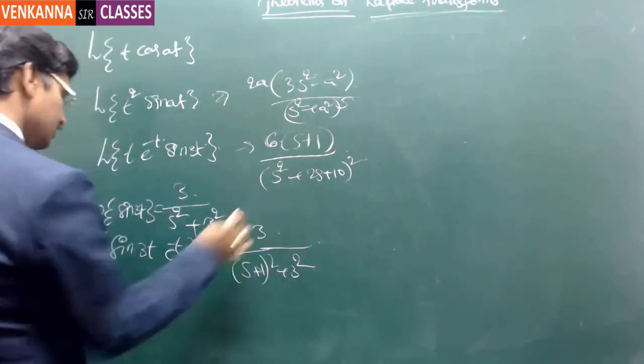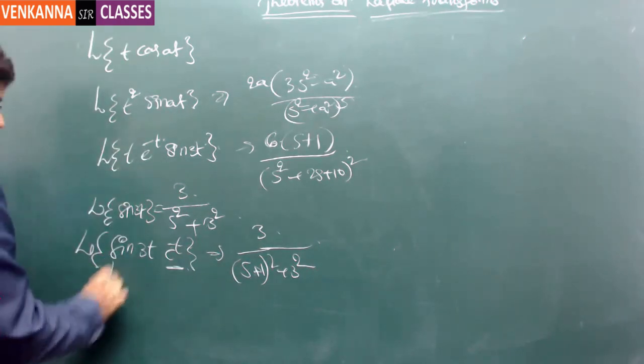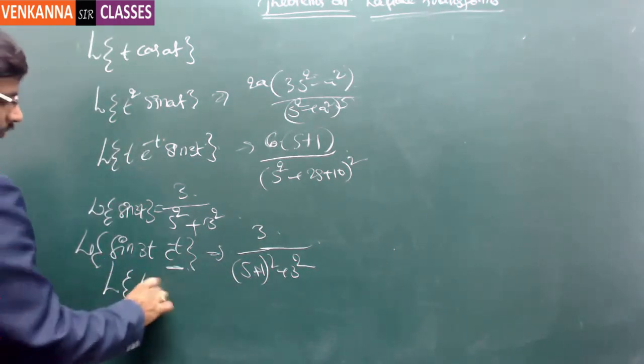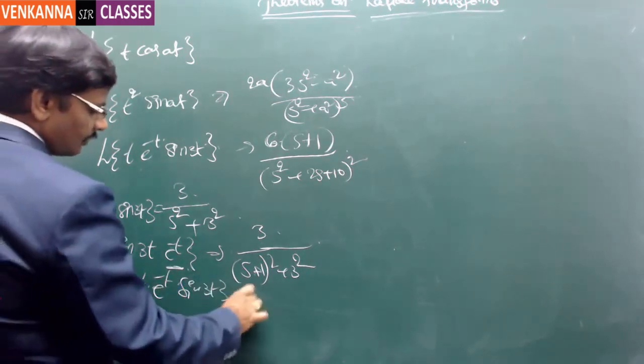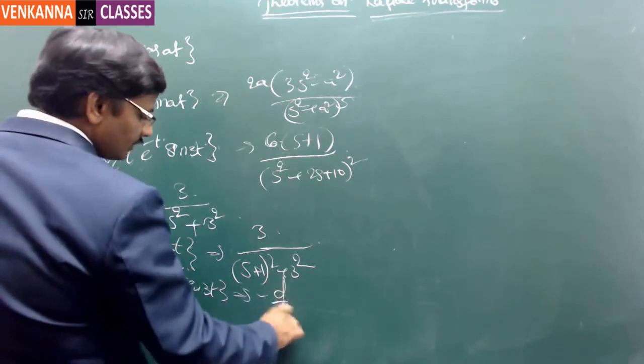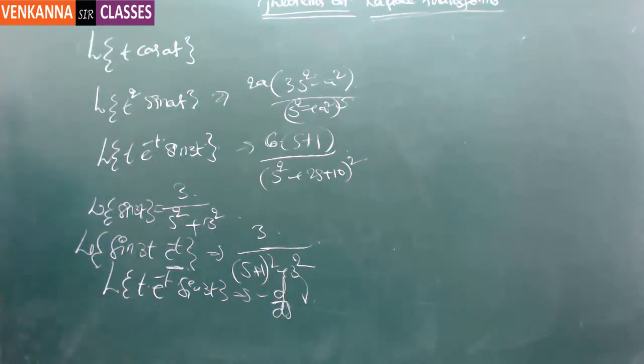So this is the Laplace transform after multiplying with e power minus t. Now the Laplace transform of t into e power minus t into sin 3t is nothing but minus d by ds of this above function. That is the order we have to do.